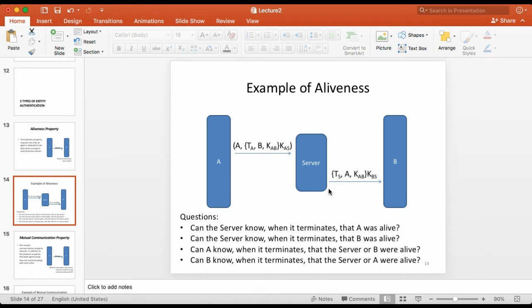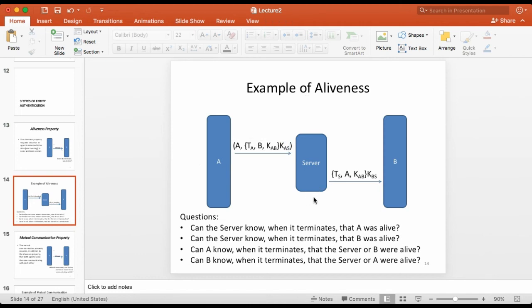We start with the server. Did the server know when it terminated that it was talking with A? The answer is yes, because A communicated a message to the server that the server was able to decrypt using the key that it knows is definitely shared with A. So it definitely knows that it was talking to A by the time the server terminates.